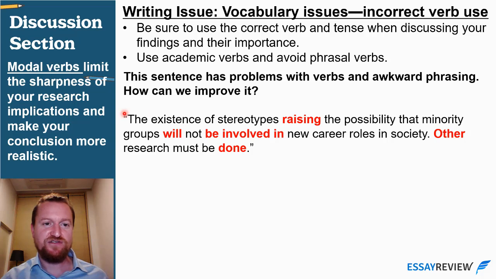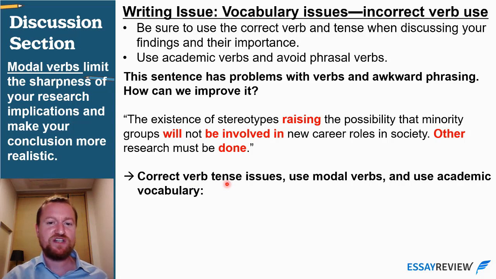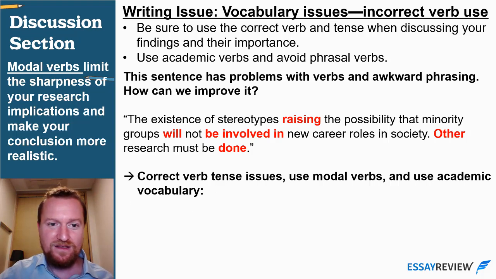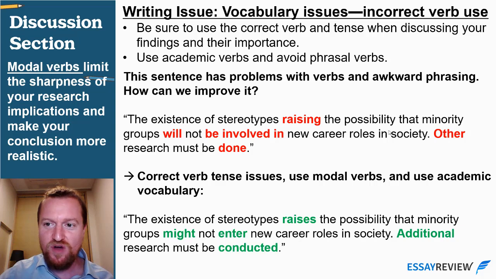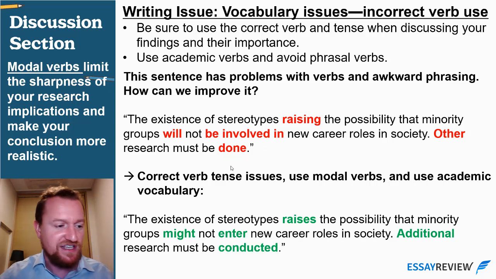This looks like a sentence fragment because the verb is not conjugated correctly. So we need to make sure we use correct verb tenses. And we can use modal verbs. Will is a bit strong, so let's use modal verbs to soften it, so it doesn't sound like we're telling the reader 100% this is what will happen. And then also, "other research must be done" doesn't sound very academic, so let's elevate this language.